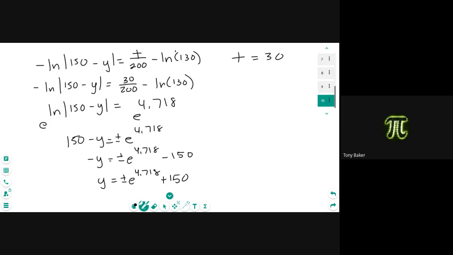Somehow my sign got messed up, and I don't know why. Oh wait, that's why. Plus 150.